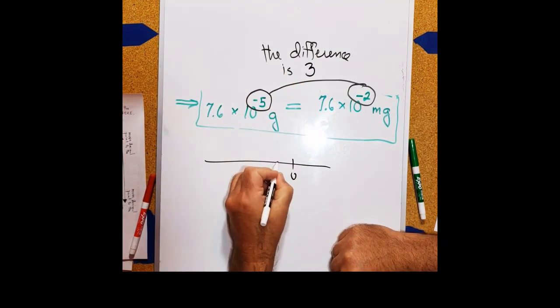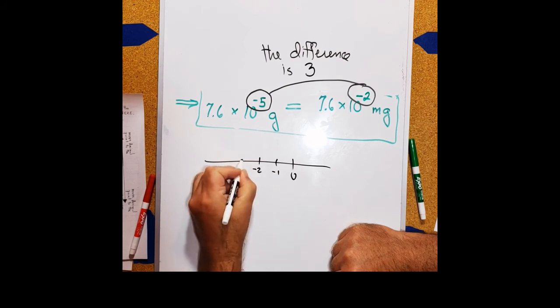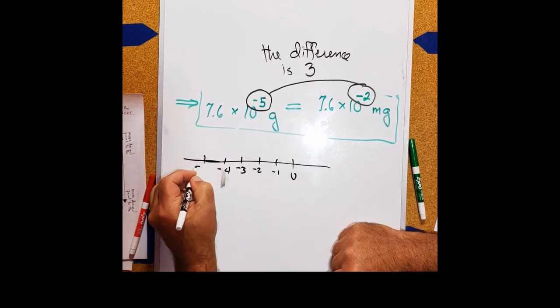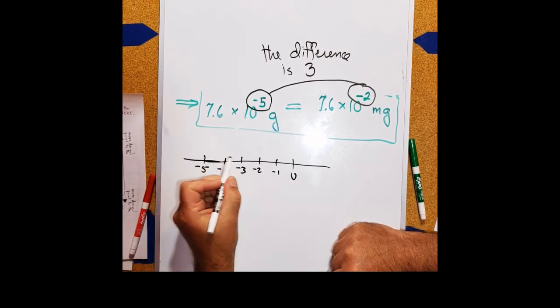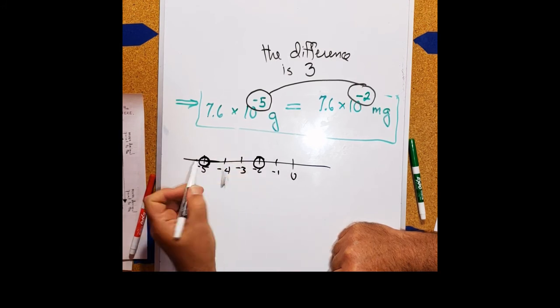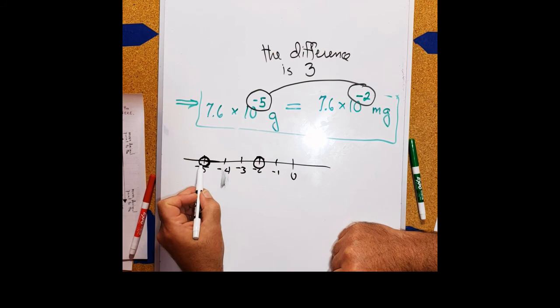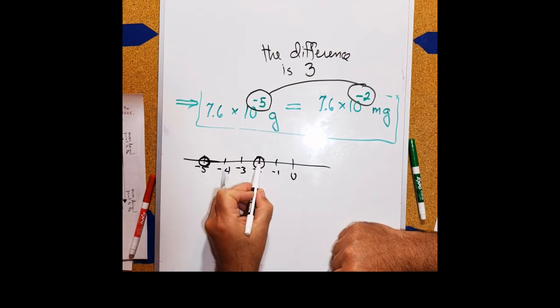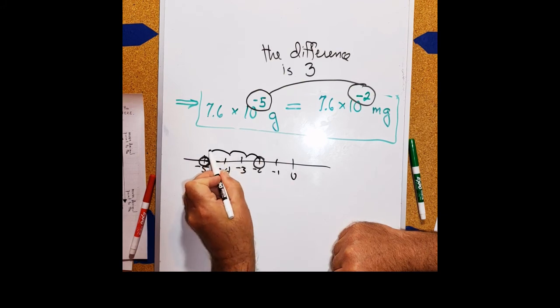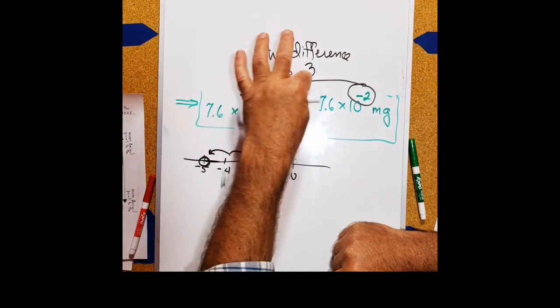You have 0 here, -1, -2, -3, -4, and -5. By difference, we are really asking ourselves, how far apart is -2 and -5? Well, just look here. If you jump from one to the other, it's 1, 2, 3. The difference is 3.